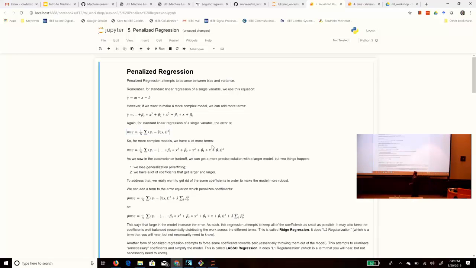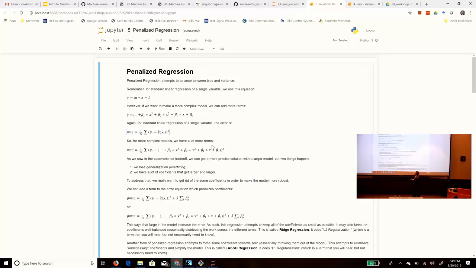Well, there are a number of techniques called penalized regression, and what they do is try to manipulate those weights to be more manageable. If we look right here, everything to this side is the same, but I've added this term. It is the sum of all of those weights squared. Now remember, we're trying to minimize the error.